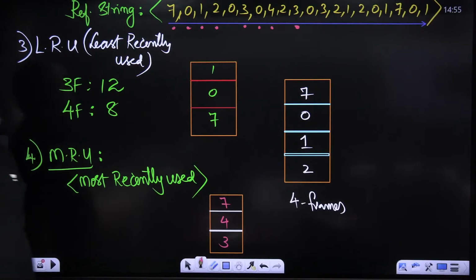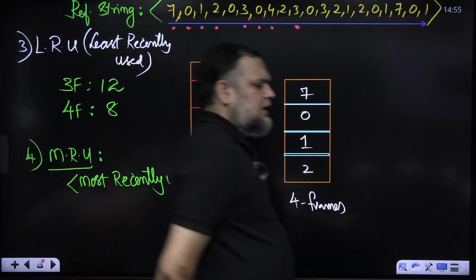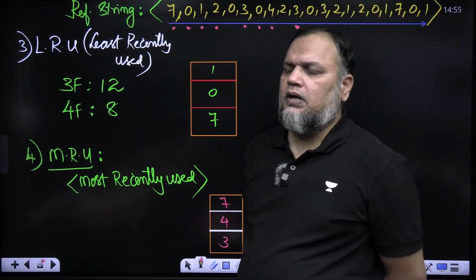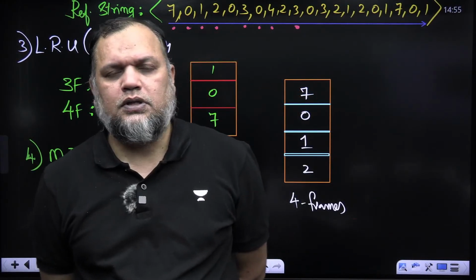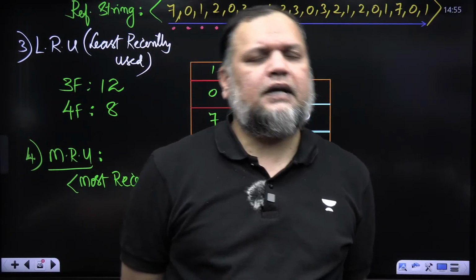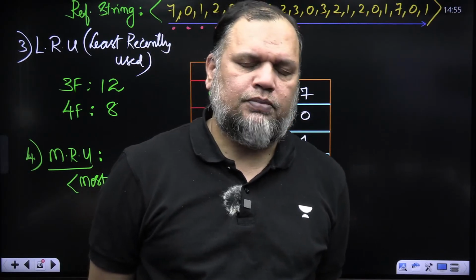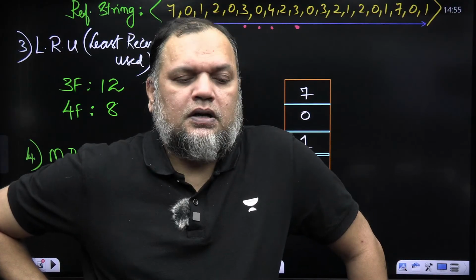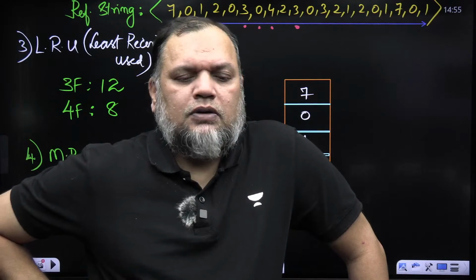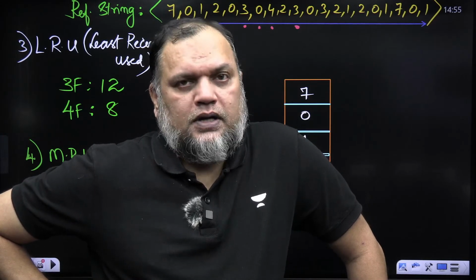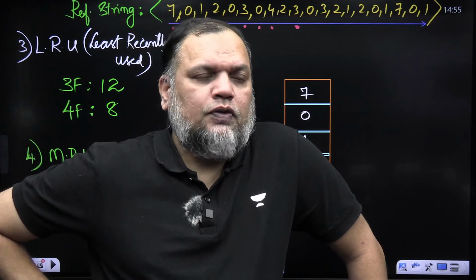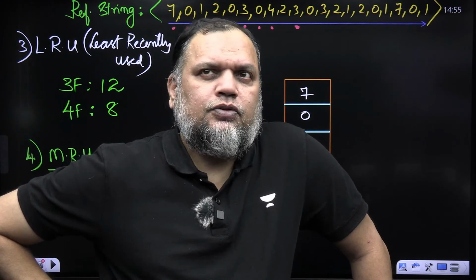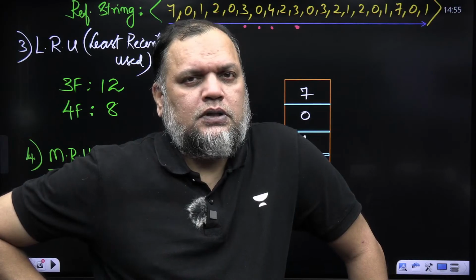So boys and girls, these are some of the important replacement techniques. कुछ और भी replacement techniques है, आप study कर सकते हो. Those are like counting algorithms, least frequently used, most frequently used. That I leave it for you to study because they are very simple. Least frequently used मतलब जो पेज सबसे कम यूज हुआ है, और most frequently used मतलब वो पेज which has been used the most number of times.